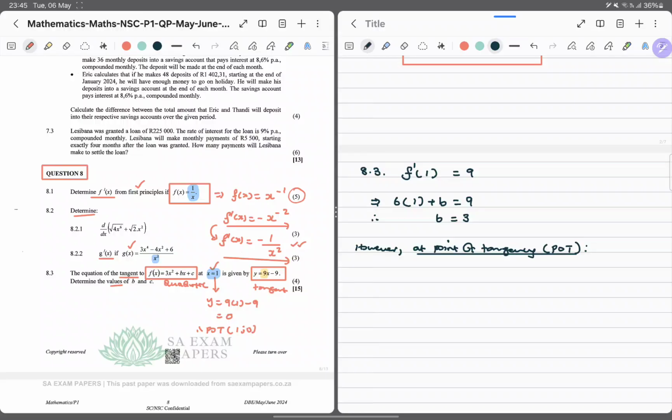That at the point of tangency, the port, it is such that. What do we know? We understand that y is equal to 9 into 1 minus 9, which implies that y is equal to 0. Therefore, we can safely say the port is 1 and 0.